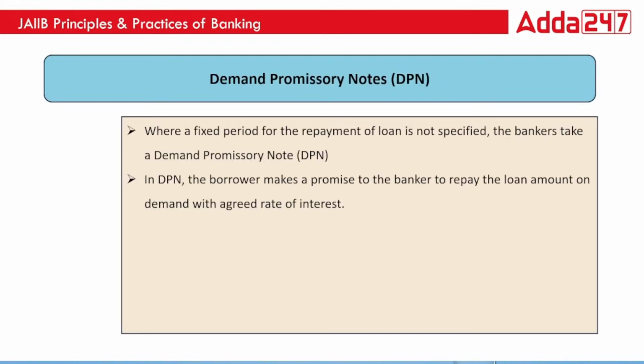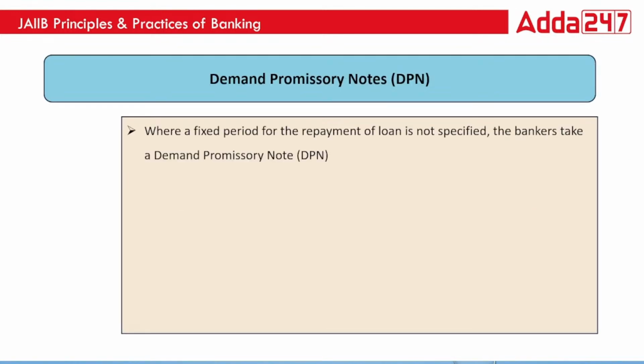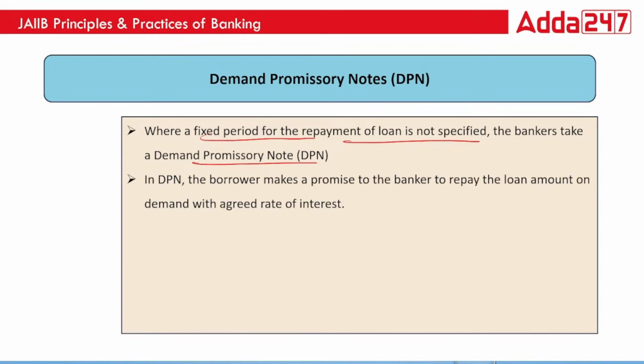So let's see what are the features of different documents which we take. Where a fixed period for repayment is not specified, we usually take a demand promissory note. In DPN, the borrower makes a promise. So this is important, that the customer is making a promise to the banker to repay the loan amount on demand with an agreed rate of interest.